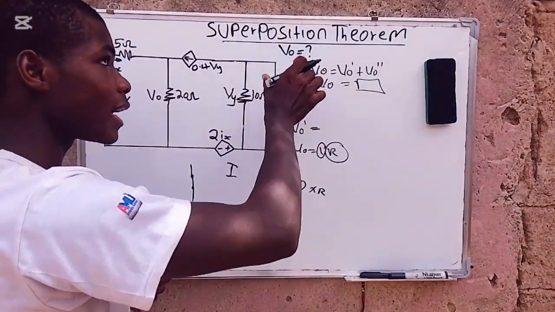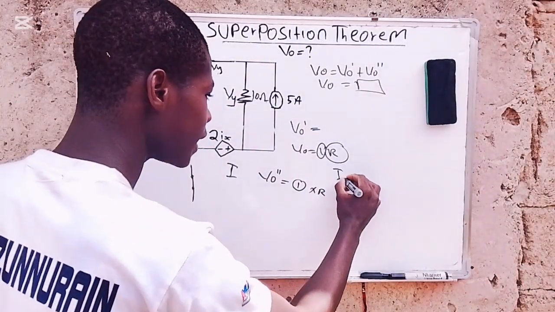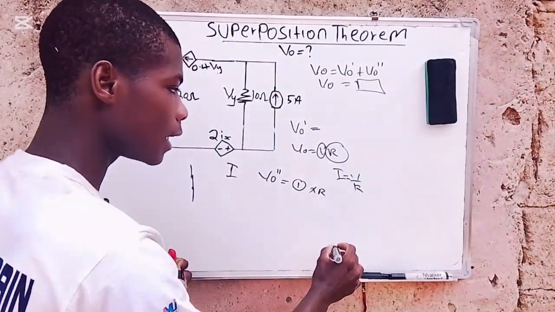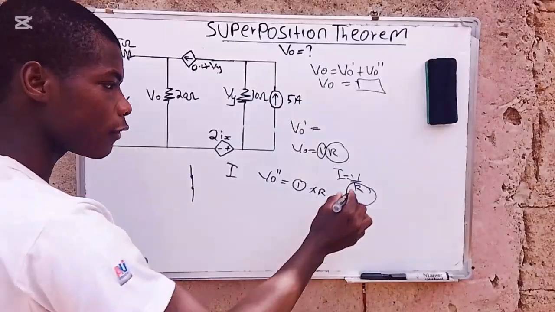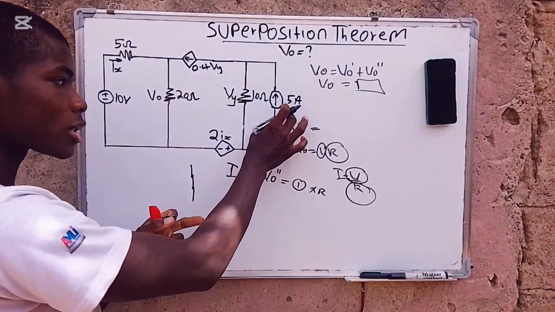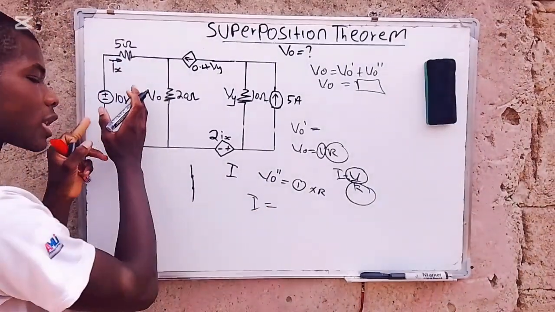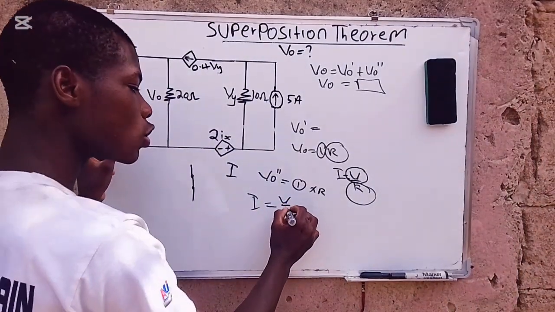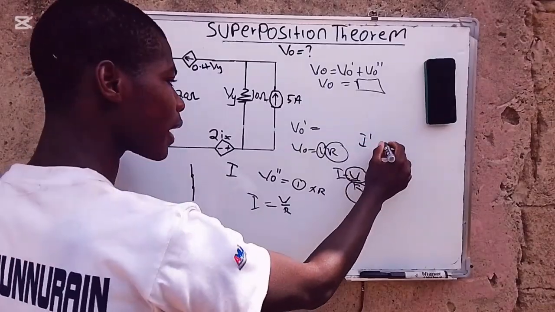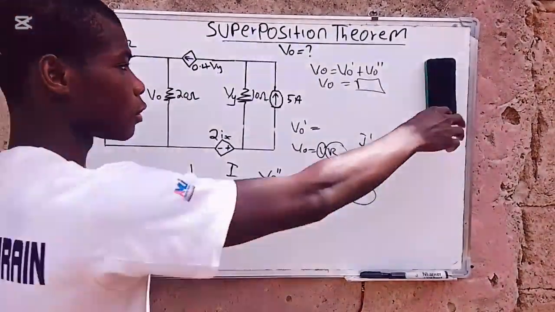But if you are asked to find current, it is the same thing, but you are going to find voltage, because I equals V over R. The resistance is already there, so you find V first if you open-circuit the current, and then short-circuit the voltage and find another voltage, so that you can find I prime and I double prime. So this is all on the superposition theorem.